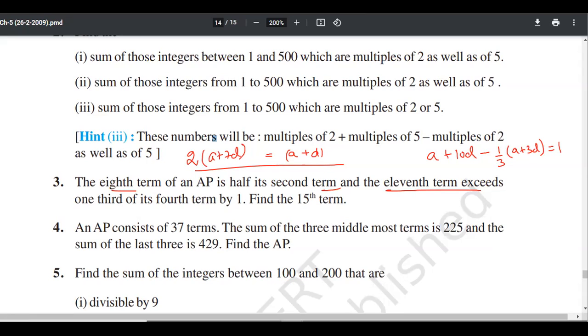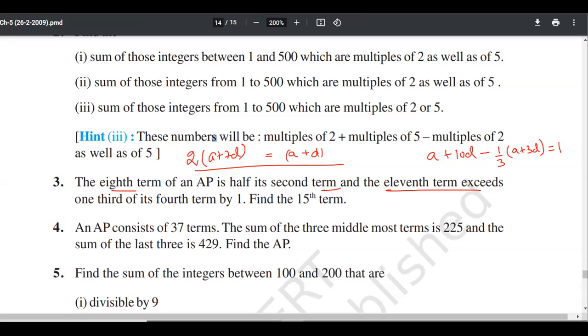3. You get the value? You got the value? Anishka? I mean, by solving the a plus 10d equation, I got 3. What 3? Only 3. Like A will get cancelled out and D will also get cancelled out. D is equal to 3. Okay, D is equal to 3, na? Yes, sir.